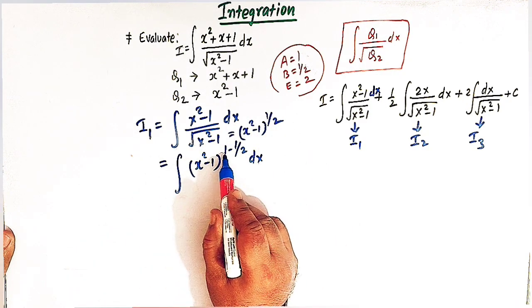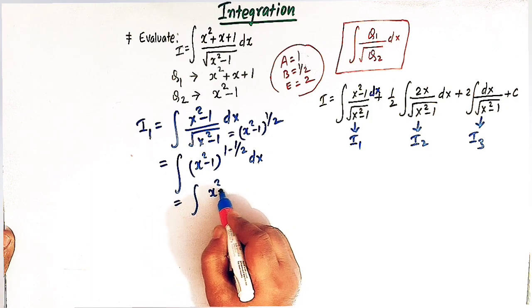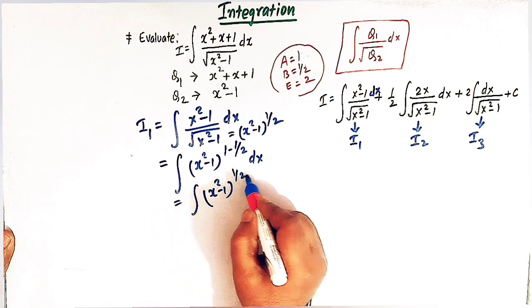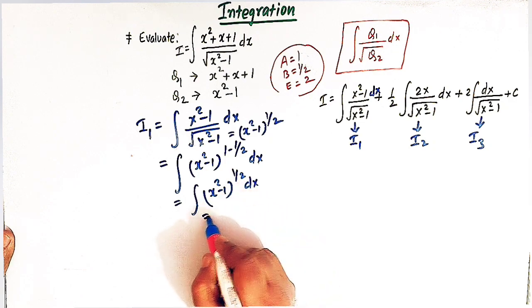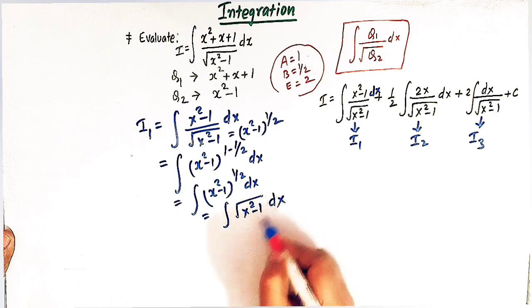So subtracting these two numbers, we have the integral of x square minus 1 raised to half dx, which can also be written as the integral of square root of x square minus 1 dx.